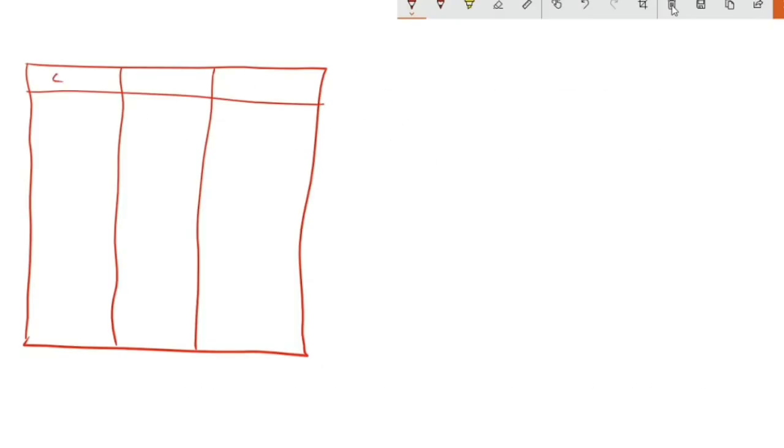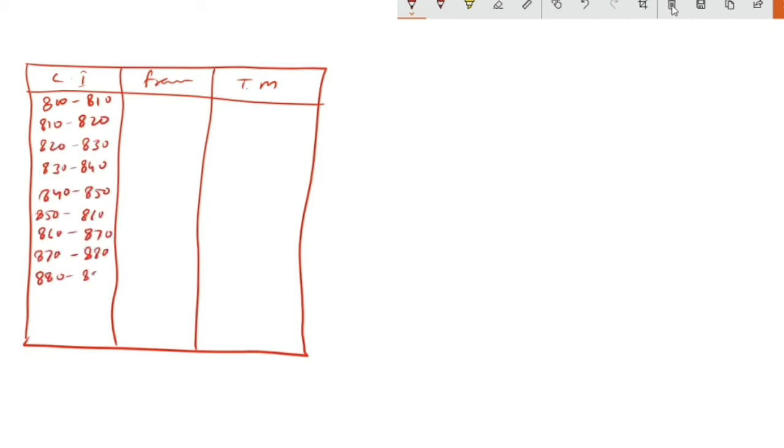This is class interval, this is frequency, and this is tallymarks. The class intervals are already given. We start from 800 to 810, then 810 to 820. Between 800 and 810, how many workers are there?